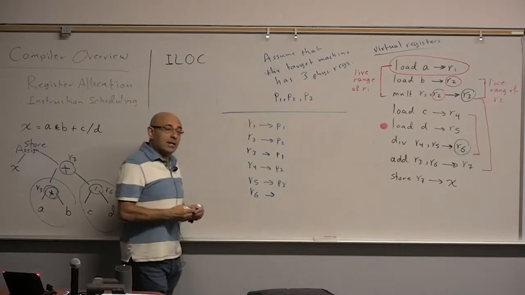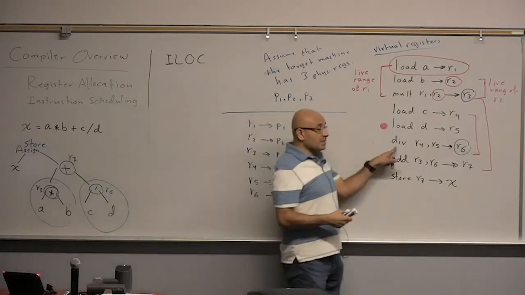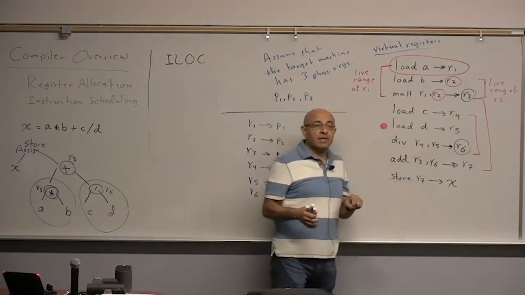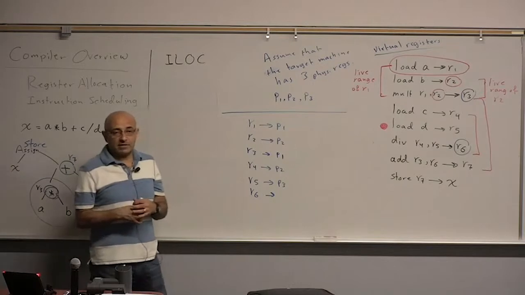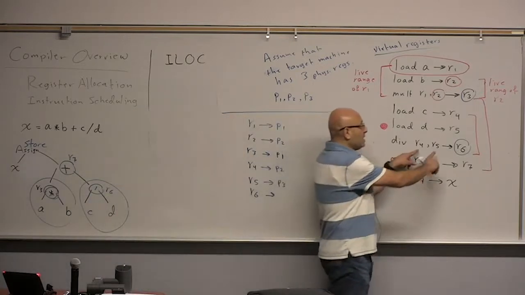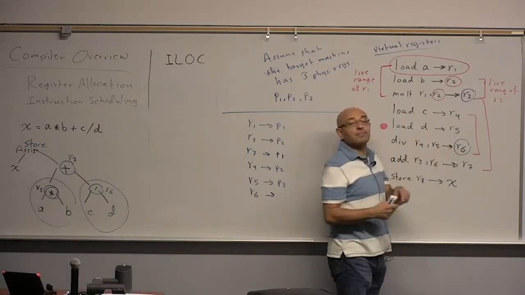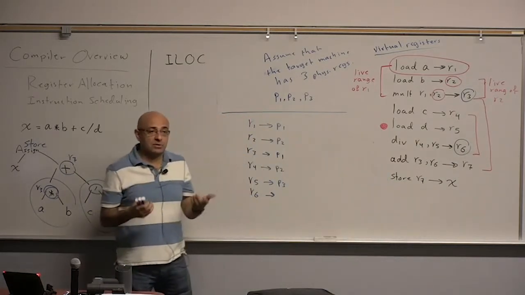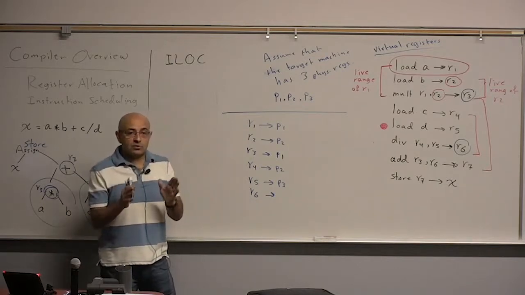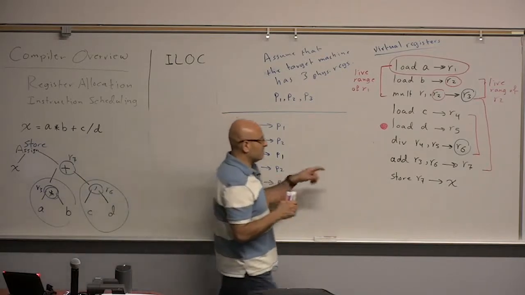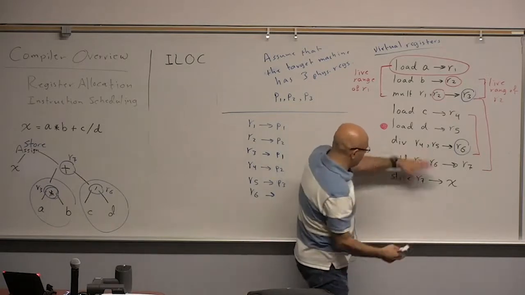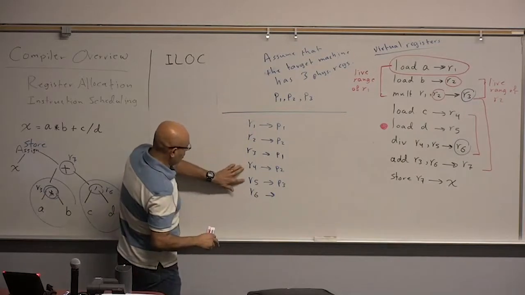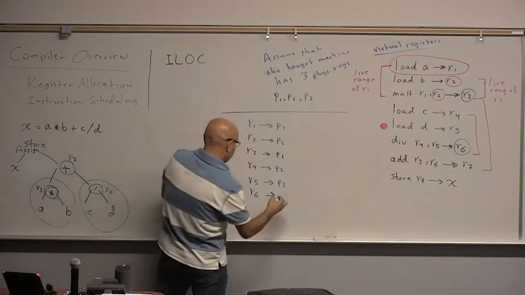By the way, we are assuming that you can reuse the registers that you are using for the source operands of an instruction, because you will read these values before you write to the register that will hold the result. So that's why we are able to reuse them. Now R4 and R5 are not used below this point, so we can just reuse either P2 or P3. We will reuse P2.